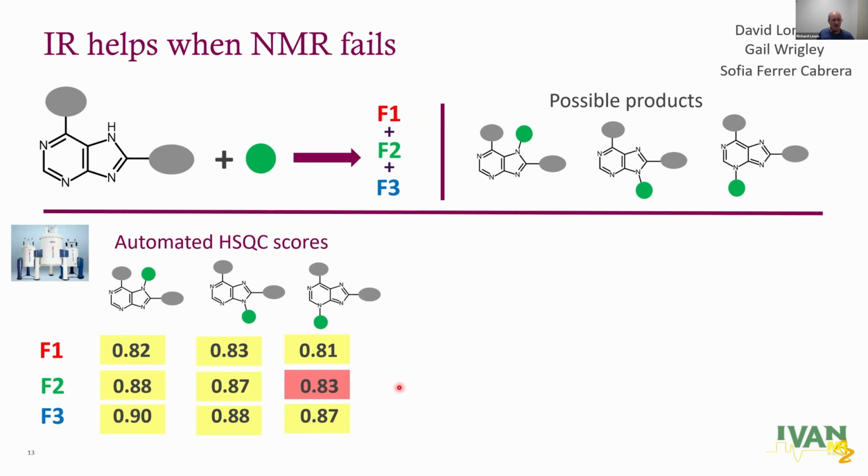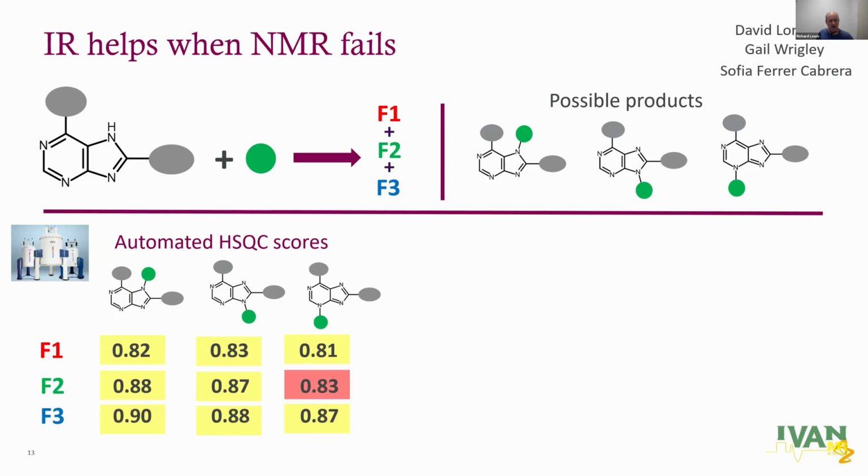So all of these actually would pass a traditional ASV because all of them would score high, but only one of them is correct each time. And even using the difference, actually, we aren't very certain which is the correct one. We can probably exclude this one. We're probably pretty clear that product 3 isn't fraction 2 because of the low score, but the others are very difficult to distinguish.